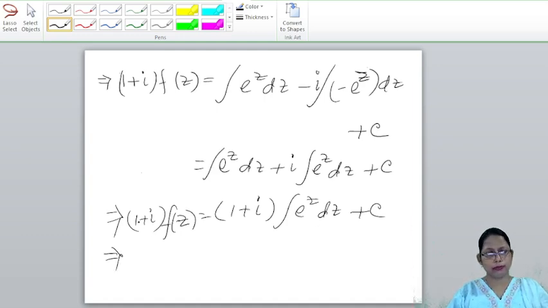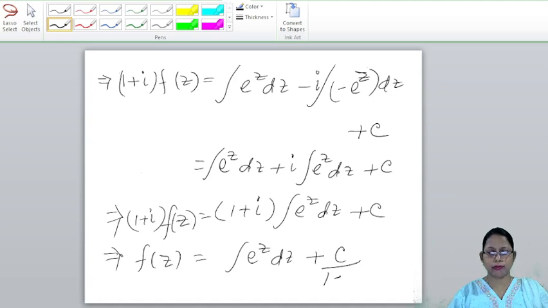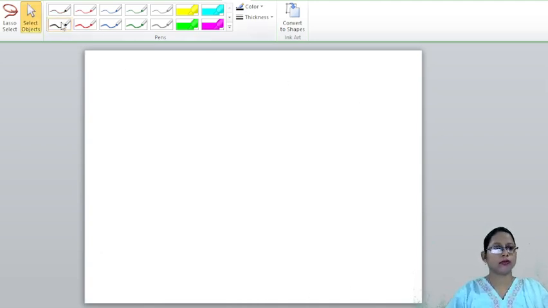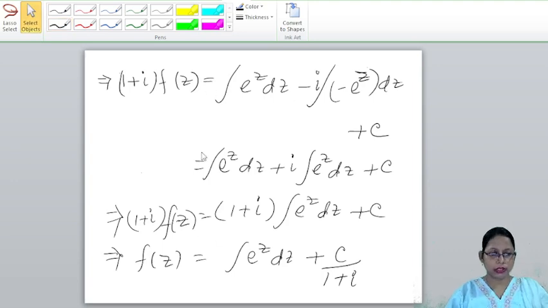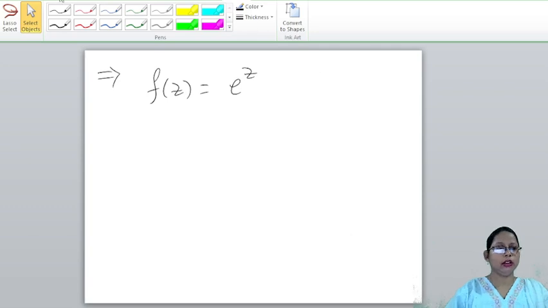Dividing this equation by (1 plus i), we get f(z) equal to the integral of e to the power z dz plus c by (1 plus i). Now the integral of e to the power z is e to the power z, plus in place of c by (1 plus i) I put another complex constant d.